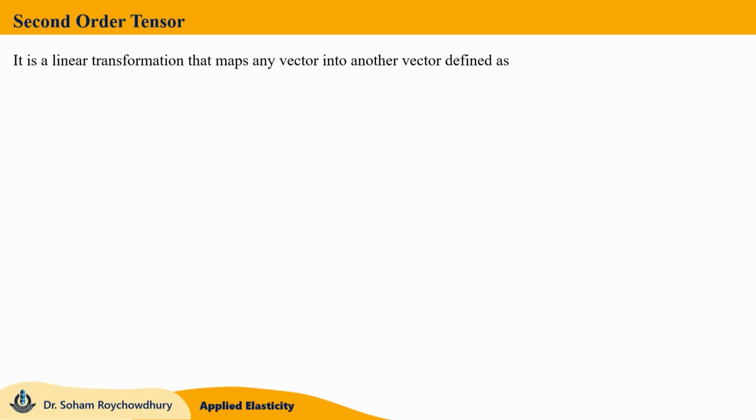Second order tensors are basically defined as linear transformations that map one vector into another vector with the help of this particular transformation law.